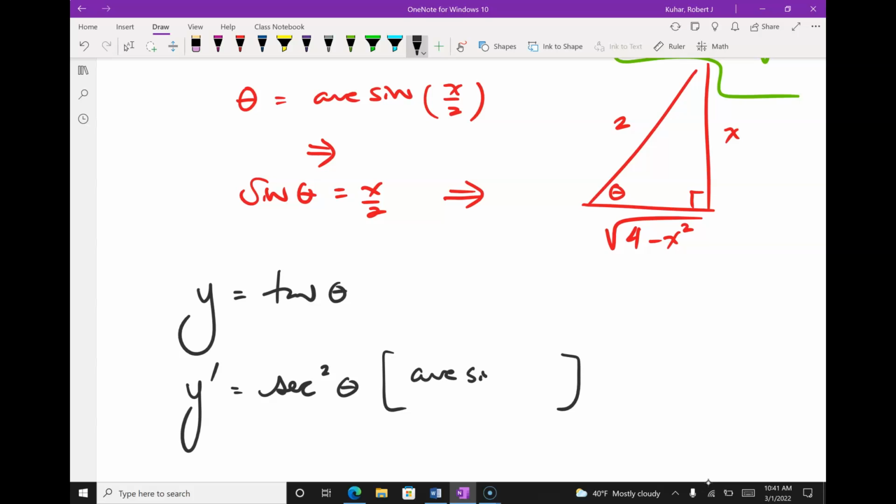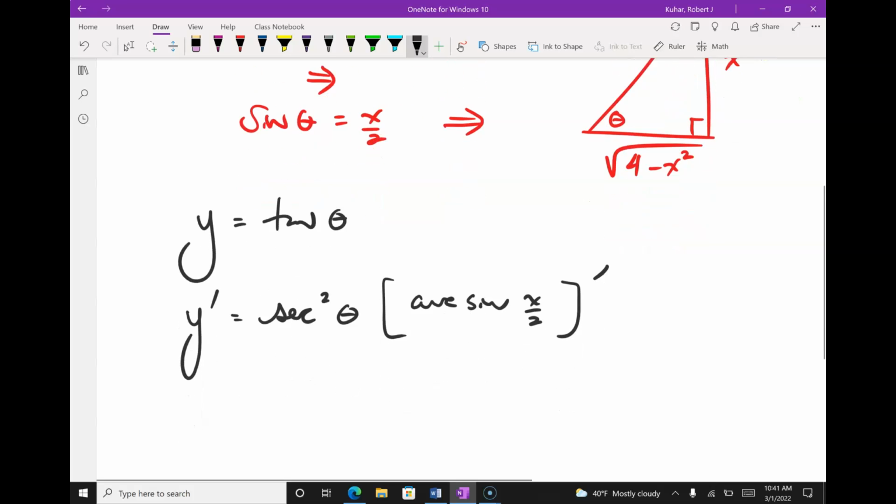Arc sine of x over 2, prime. Remember, theta is arc sine of x over 2, but I don't need to write that. I need to get the secant squared from the triangle.